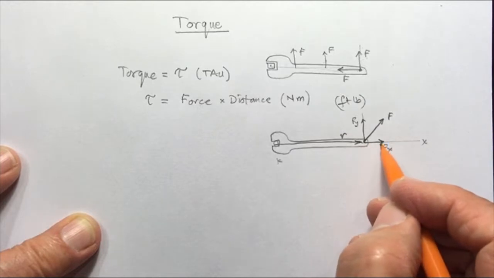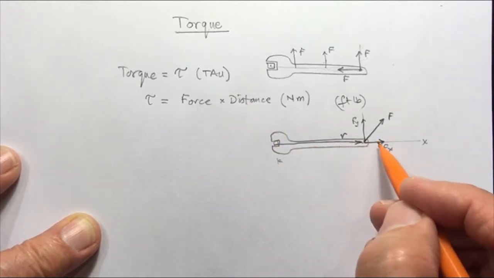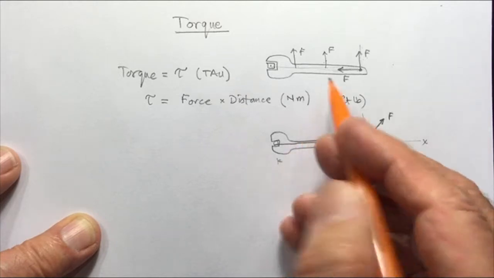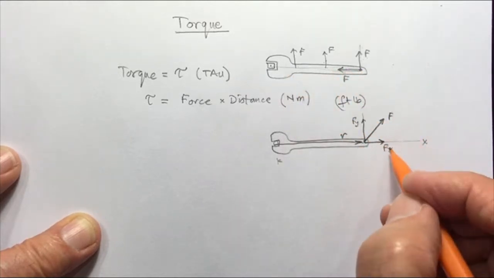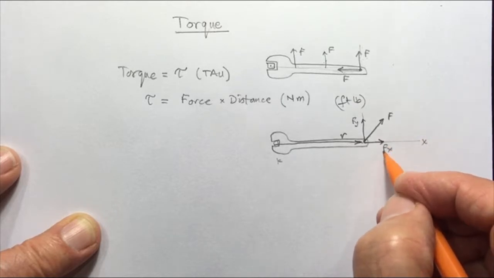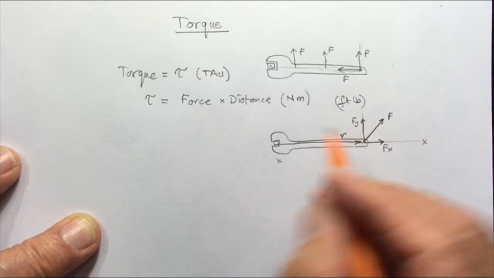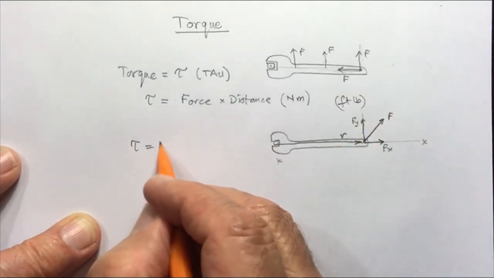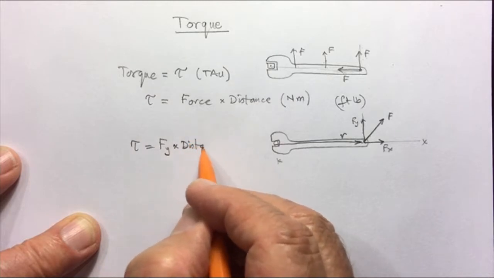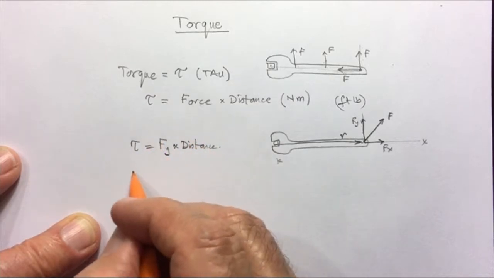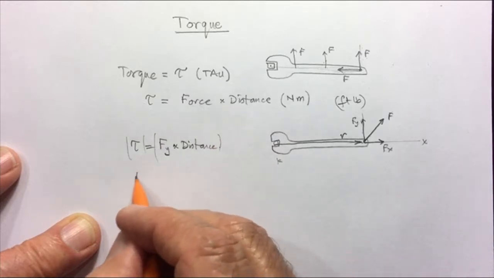The Fx would not cause any twist, it's just going to pull the wrench outwards, and if it were pointing in, it's just going to be pushing it in. There's no twist. So Fx creates no torque. It's the Fy that creates the entire torque. And so the torque is going to be Fy times the distance. Let's write it once again.